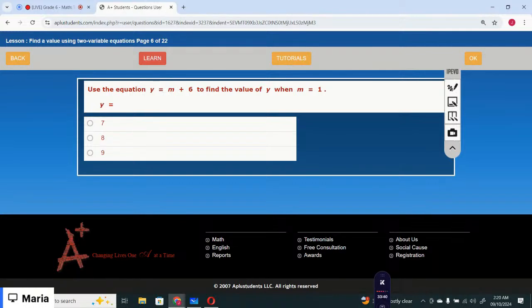Use the equation y equals m plus 6 to find the value of y when m equals 1. Which is the correct option? The correct option is 7. It is option number 1.